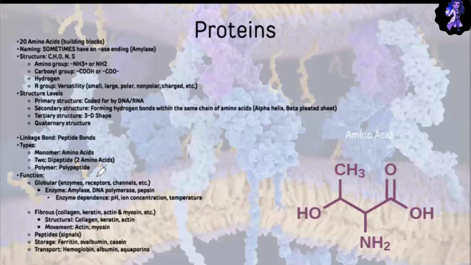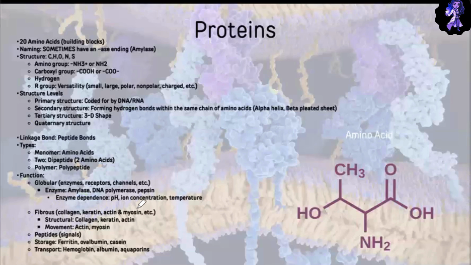Now, in terms of functionality, the most common types of proteins are enzymes. You can also have fibers or storage or transports when it comes to proteins. They have a multitude of different functionalities. Most common is enzyme because you remember that enzymes usually end in ASE, which means that it is a protein.